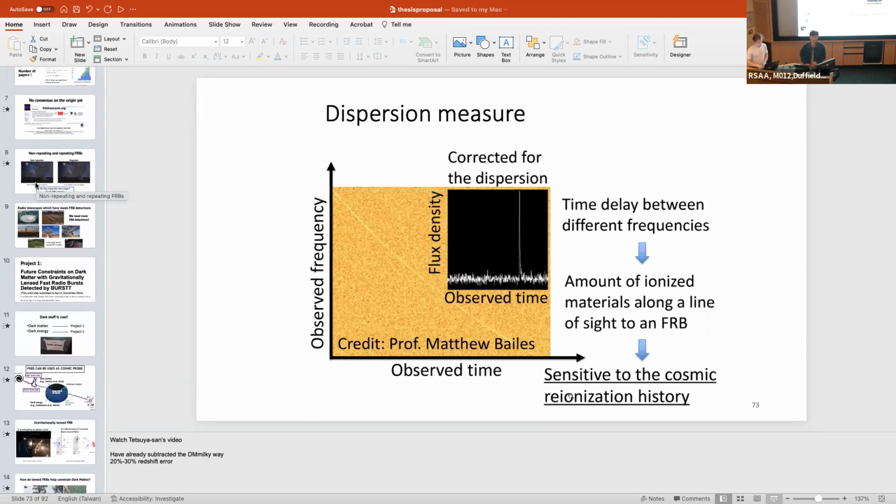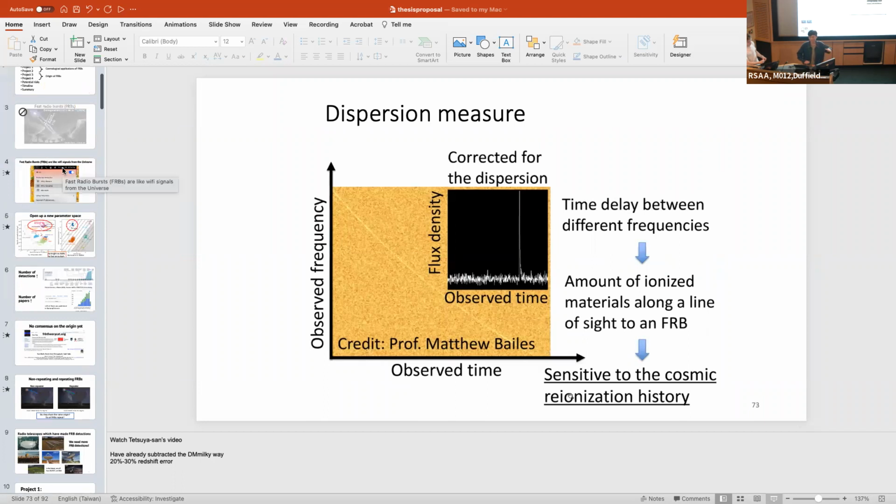Okay, for the first question, like I mentioned, we have detected about 600 FRBs, but only one FRB is from a globular cluster. So I would say this is very risky and the chance may be very little. But in their case, they are detecting extragalactic FRBs.